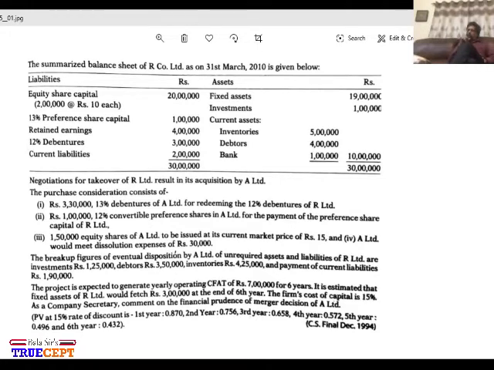Now, people might say, sir, rupees 3,13,000 paid to debenture holders is not a cash outflow. But I will say it's a cash outflow. You know why? Because when I issue rupees 3,30,000 worth of debentures to pay the debenture holders, I am accepting a responsibility to pay interest on this 3,30,000 rupees for the next however many years this business will last. As per the question, I think 6 years.